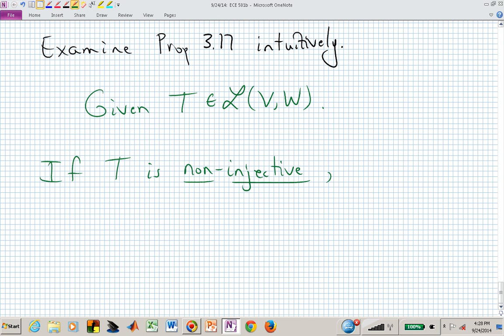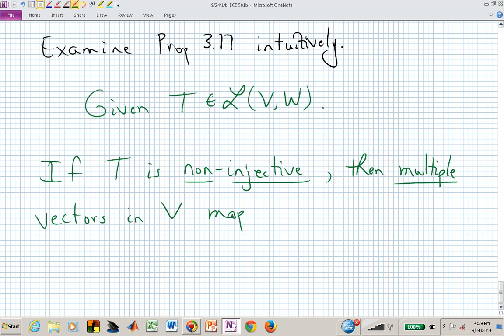That's pretty wordy, but what I'm saying here is if T is non-injective, then multiple vectors in our domain V, since we have a non-trivial null space, can map to the same point or vector in the codomain.